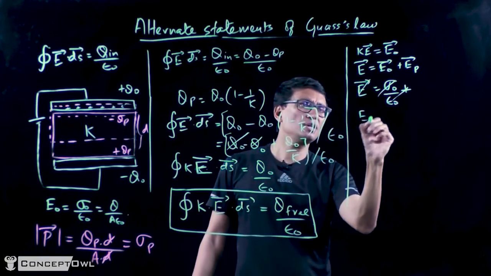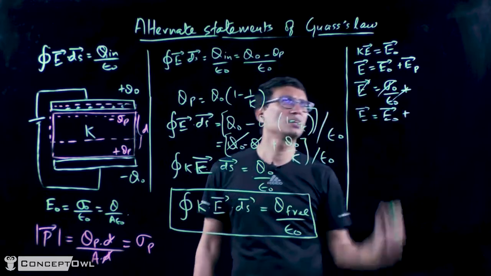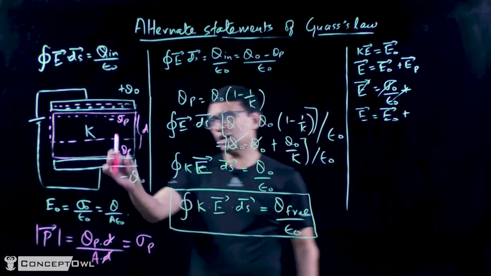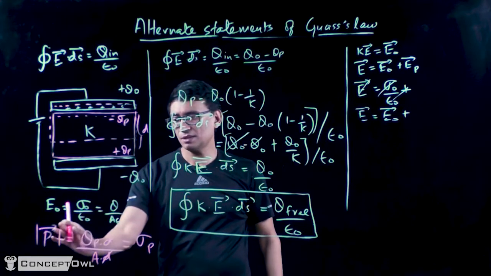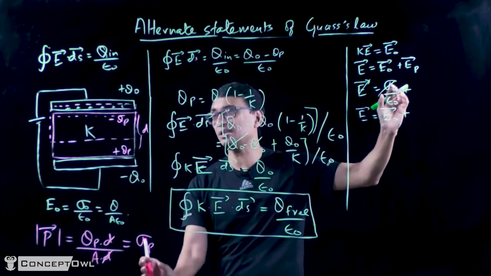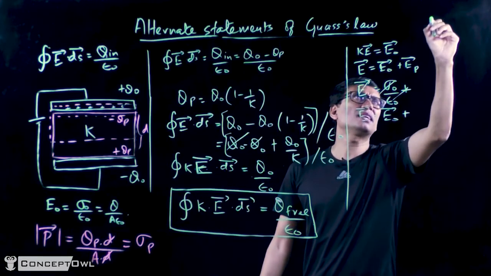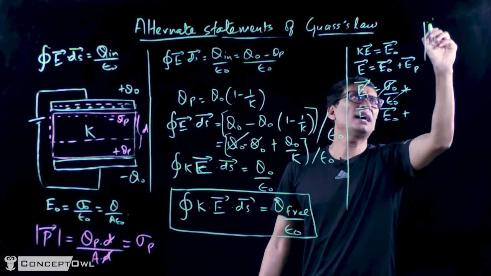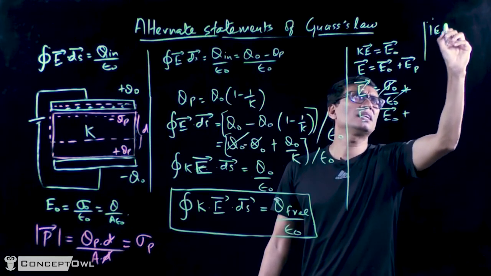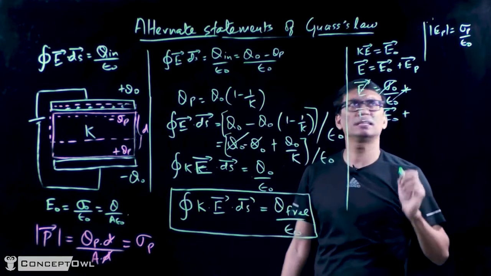So E equals E naught plus EP. What is EP? EP is going to be nothing but sigma. The magnitude of EP is going to be sigma P upon epsilon naught.